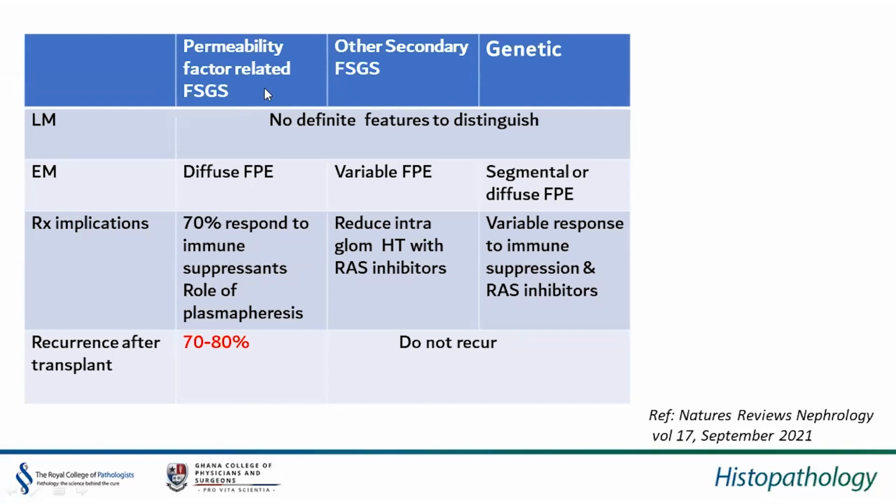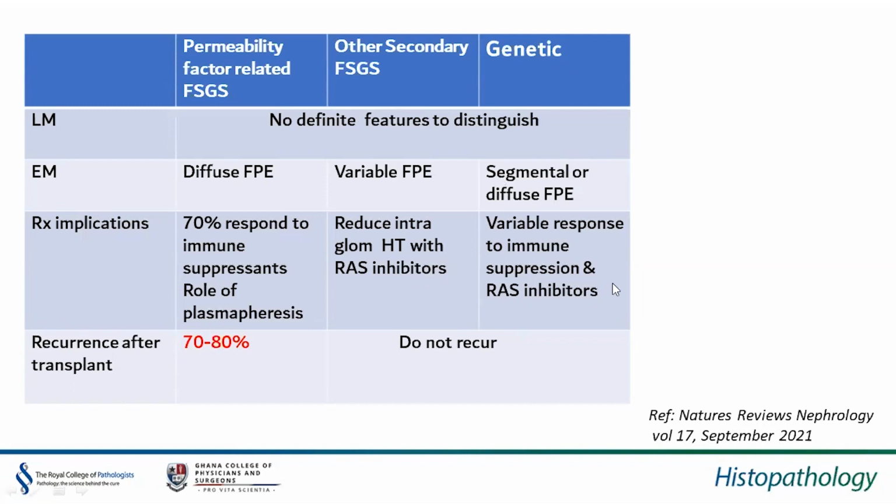In permeability factor related FSGS, there is a role of plasmapheresis, and 70% of them may respond to immunosuppressants. For other secondary forms of FSGS, you would like to reduce the intraglomerular blood pressure, reduce the intraglomerular hypertension, reduce the hemodynamic stress within the glomerulus, which is done by the use of RAS inhibitors.